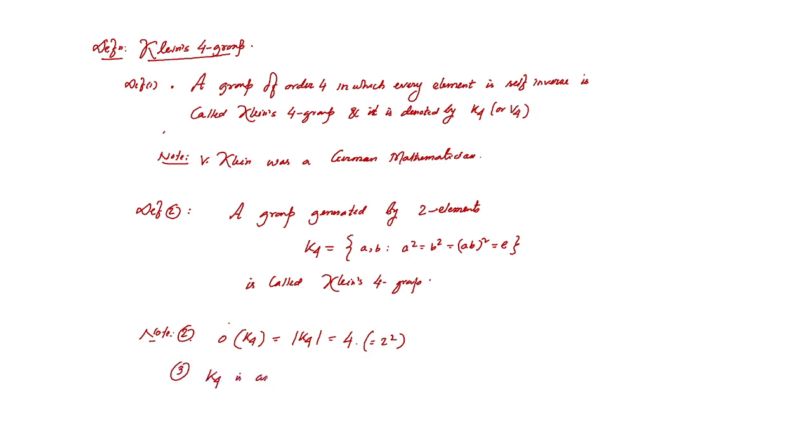K4 is an example of a commutative group as well as a cyclic group, a group of order p square, where p equals 2 is prime.